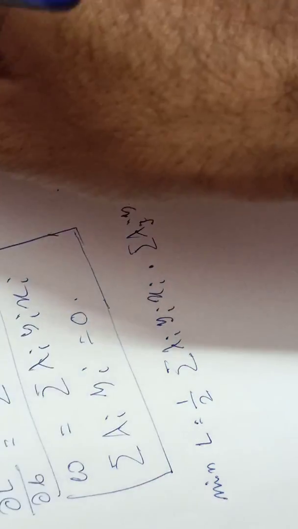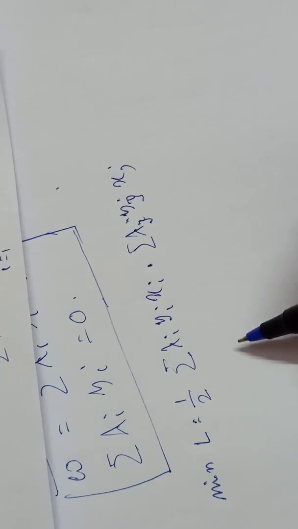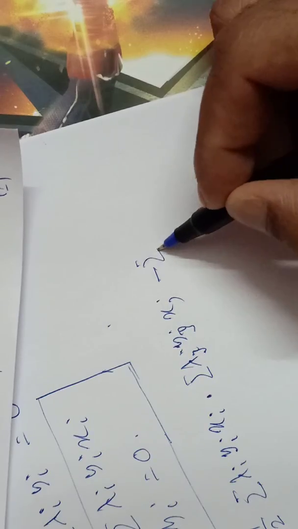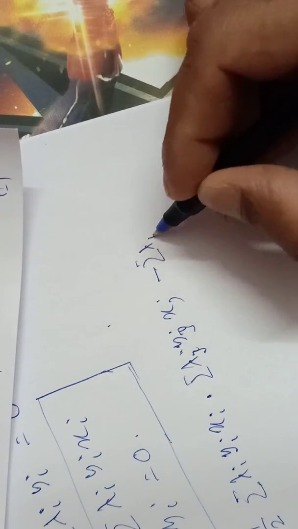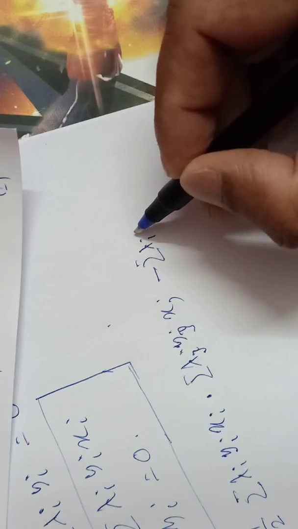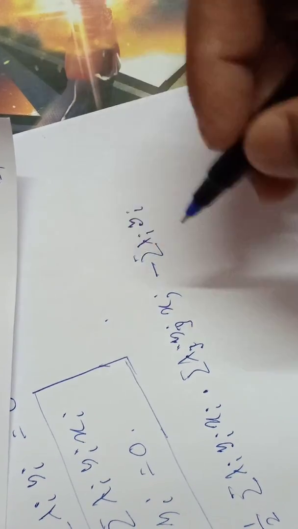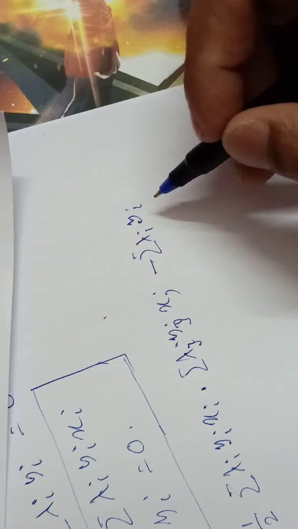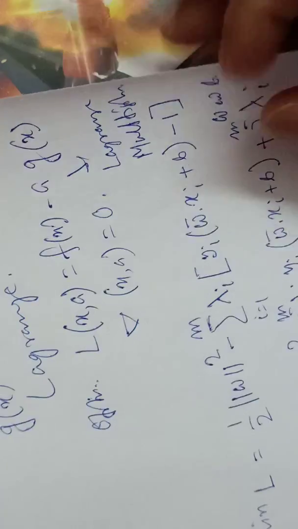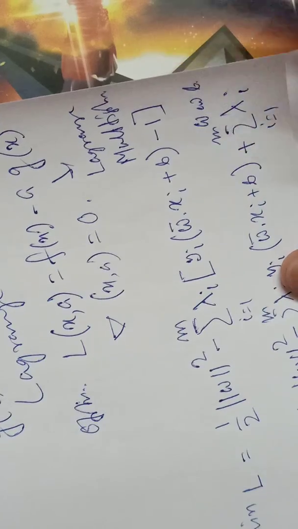Okay, similarly minus, here we will substitute the value of w and this value b. Okay, right. So what you can say here, minus lambda i yi, then here we will replace this value by lambda j yj xj from here.